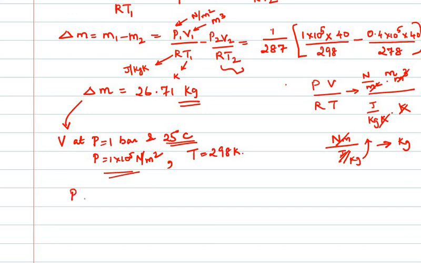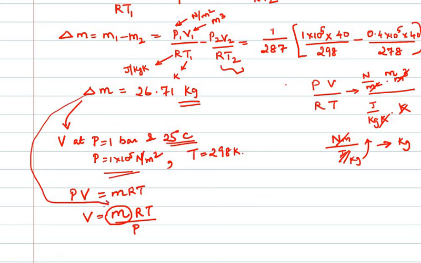So the same ideal gas equation, PV is equal to mRT, V is equal to mRT by P. So here the mass I have to take is this delta M and substitute here.